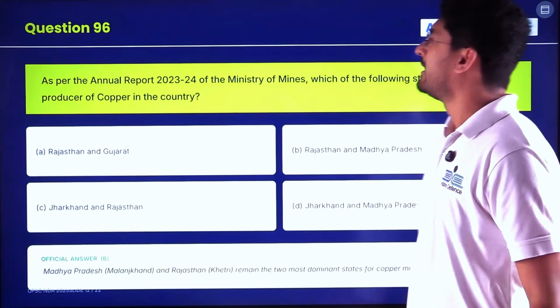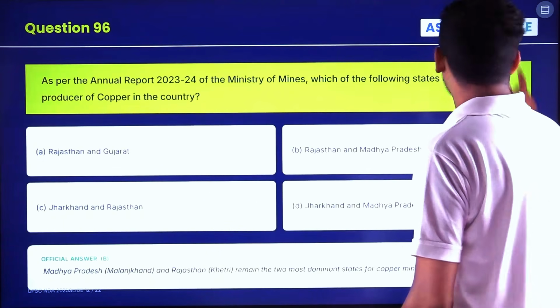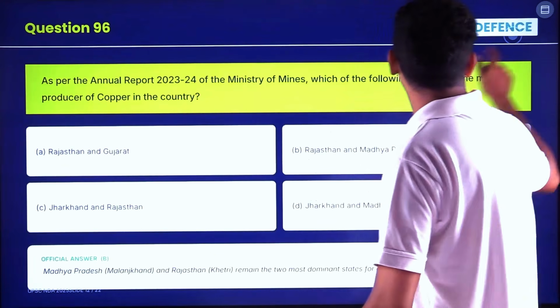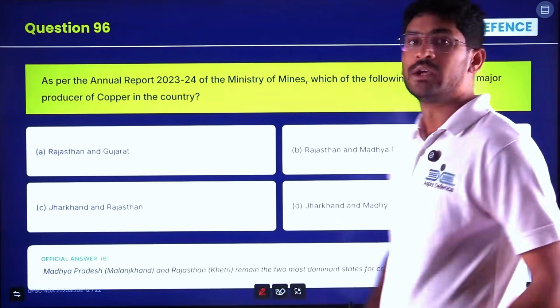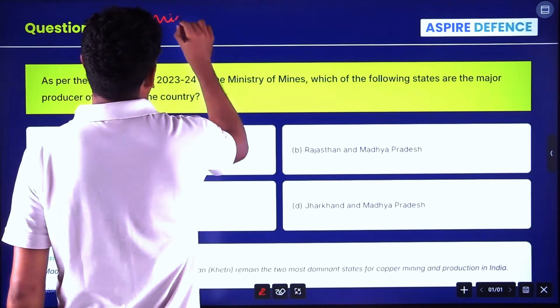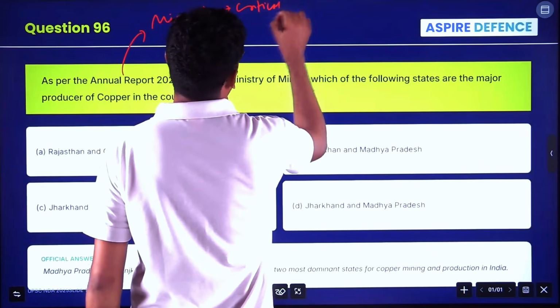Next question. As per the annual report 23-24 of the Ministry of Mines, which of the following states are the major producer of copper in the country? So, an important report with respect to minerals, that too critical or very important minerals.